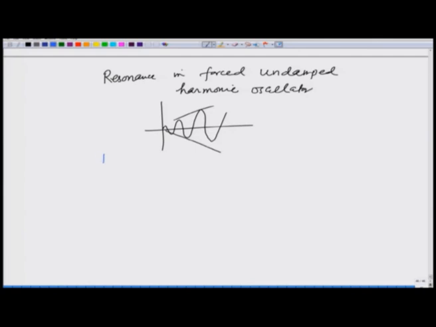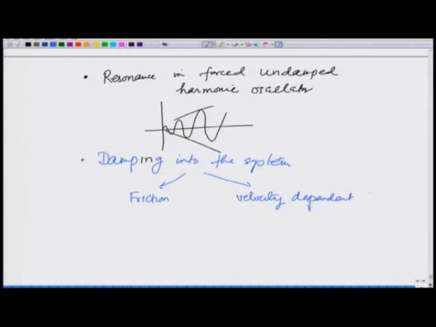Then we introduced damping into the system, and we learned about friction, how that affects the motion, and we also learned about velocity dependent damping.